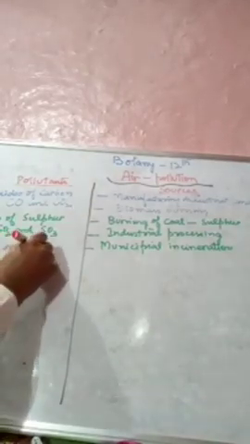Then we have got the third one, oxides of nitrogen. If we talk about nitrogen, we have nitric oxide and we have got nitrogen dioxide.